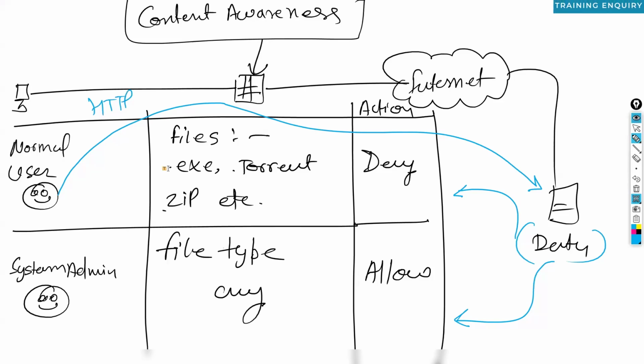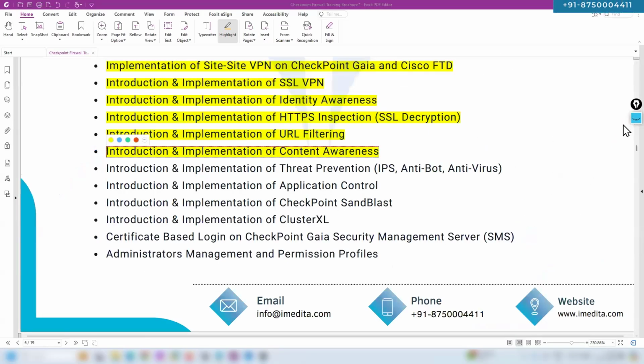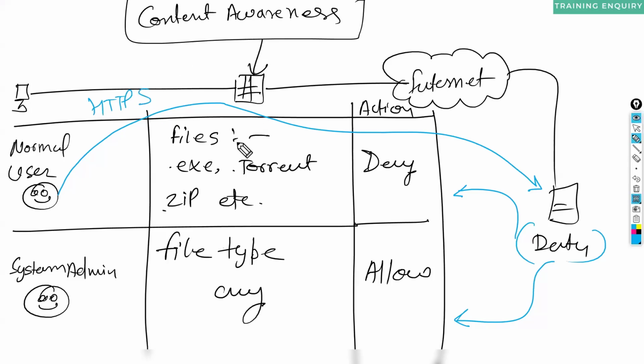But if you have enabled HTTPS inspection, then content awareness will work for both sessions, HTTP websites and HTTPS websites. If you do not enable HTTPS inspection, then content awareness will not work for those sessions or websites which are working on HTTPS.